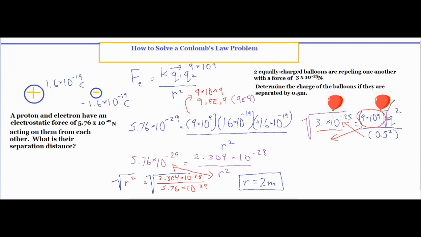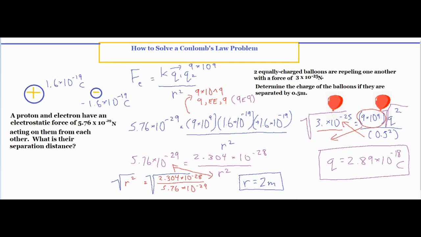So it is a 3-step process where you would multiply both sides by this, and then this times this is your first value, and then enter, and then divide it by 9 times 10 to the ninth, your k value, which is basically cross multiplying it down and over. And then you would finish off by square rooting it, and then your final q value would be 2.89 times 10 to the negative 18th coulombs.